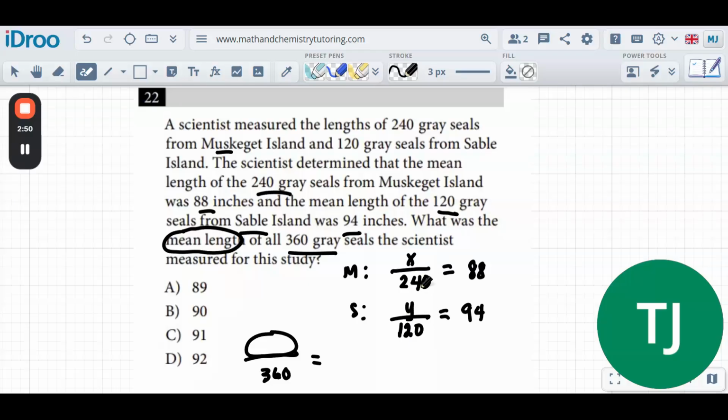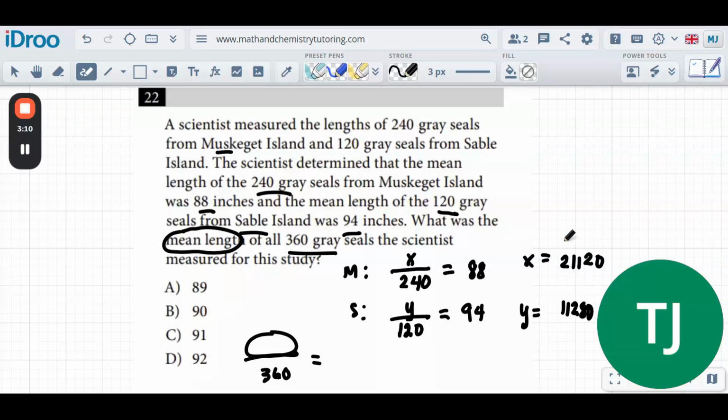To find these totals, we cross multiply, so x is equal to 21,120, and y is equal to 120 times 94, which is 11,280.